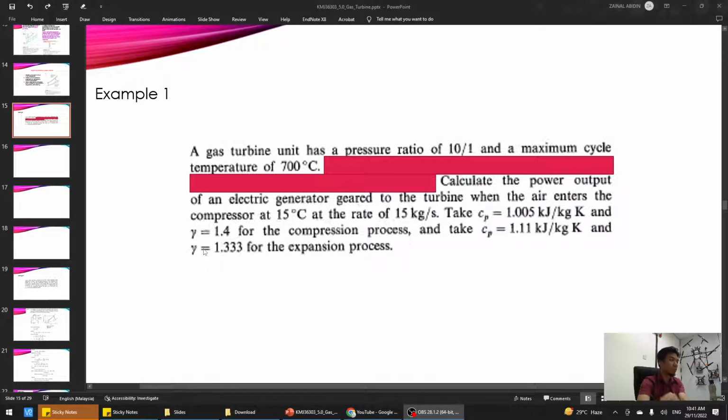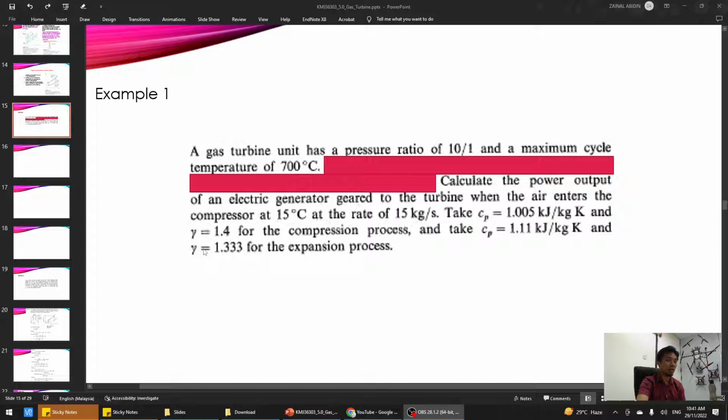To solve this question, first of all you need to draw a TS diagram. Of course you can draw a PV diagram, but it is more difficult to understand than the TS diagram.